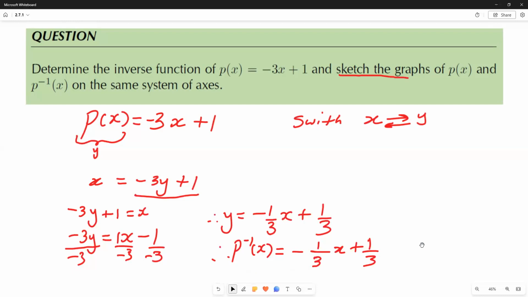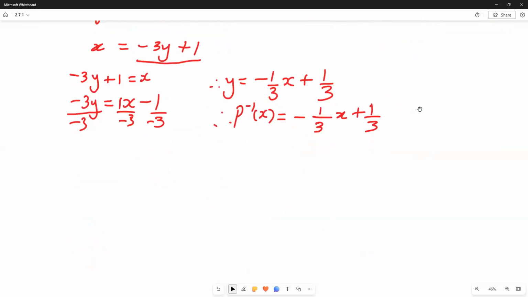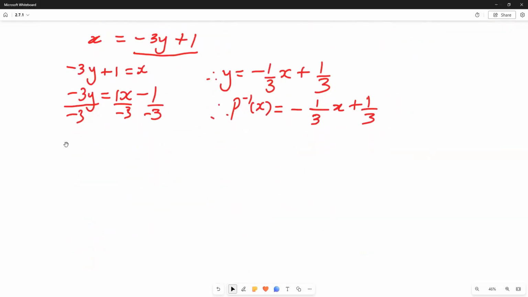So to sketch, ladies and gents, it's very simple. If you have the sketch of the first one, you have the sketch of the second one. I'll show you now. Let's say p of x here. Remember p of x is y equals minus 3x plus 1.